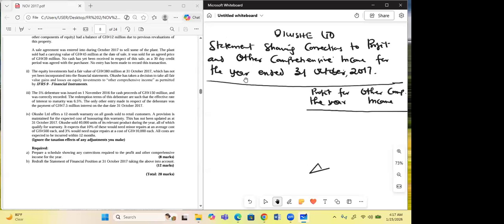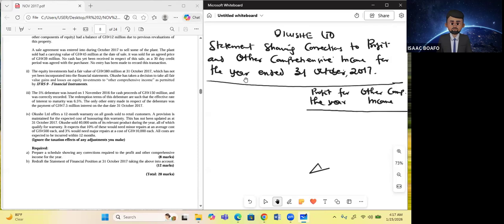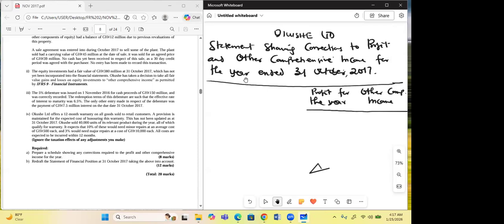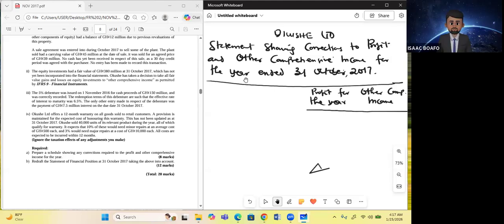The first page, title it Okushe Limited. Statement showing corrections to profit for the year ended 31st October 2017. Put profit for the year at one side and total comprehensive income at the other side. Quickly do that.